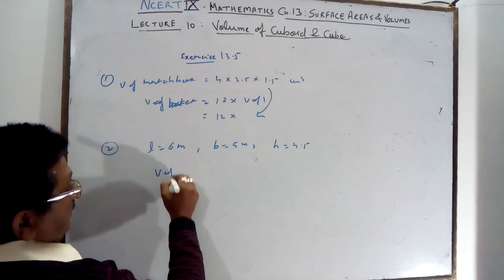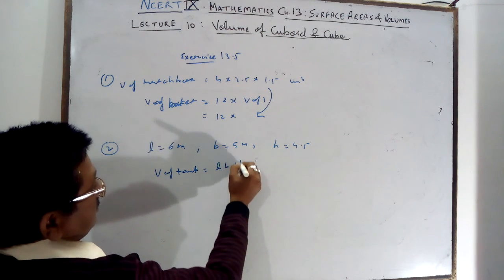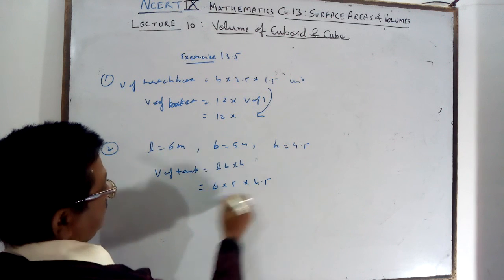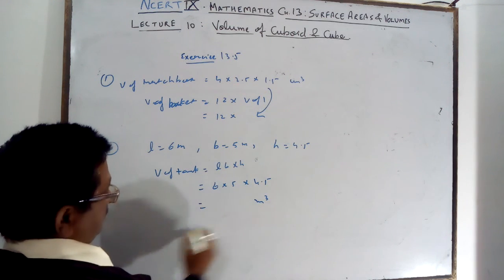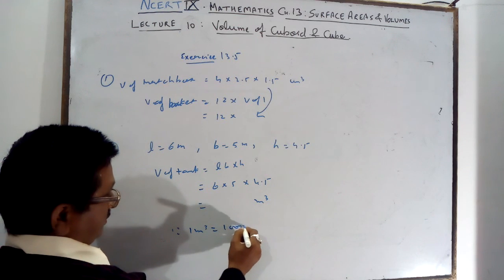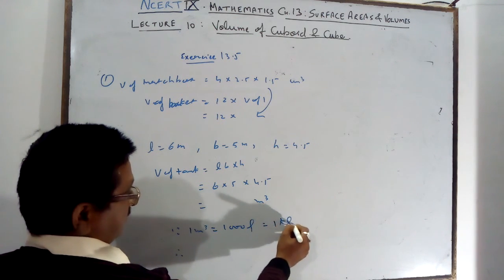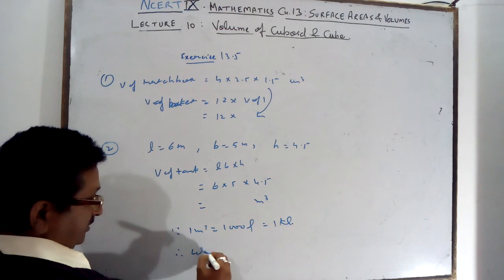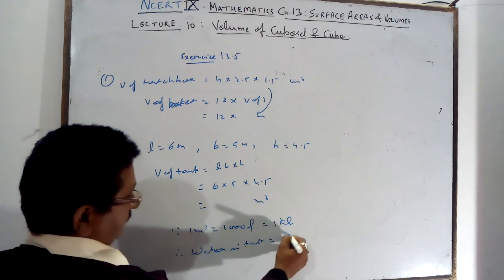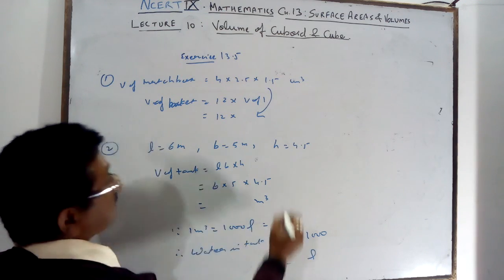So volume of tank is LBH, that is 6 into 5 into 4.5 meter cube. Because 1 meter cube is equal to 1000 liter, or you can say 1 kl, water in the tank is equal to volume multiplied by 1000, and you will get the liters.